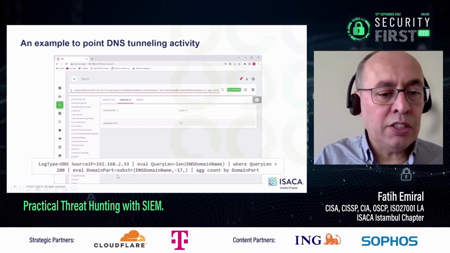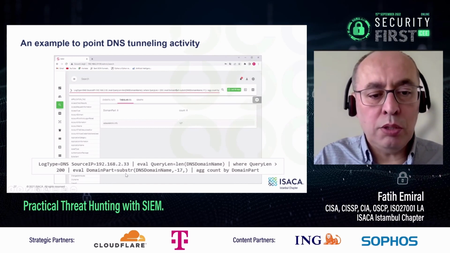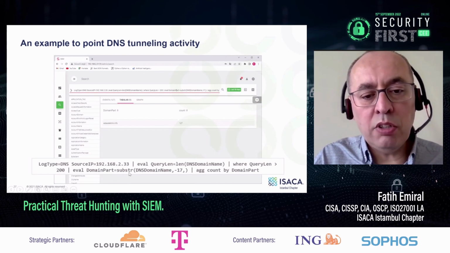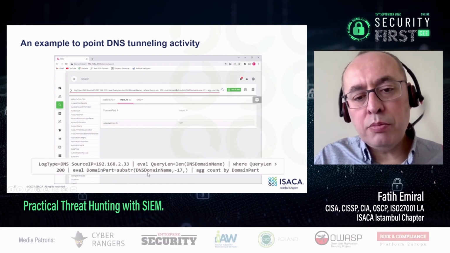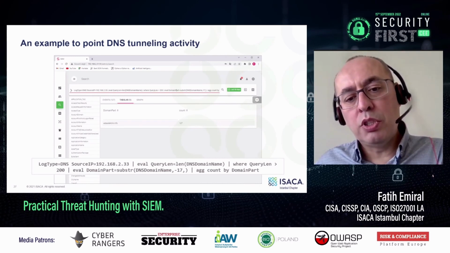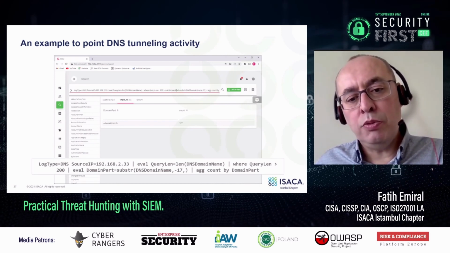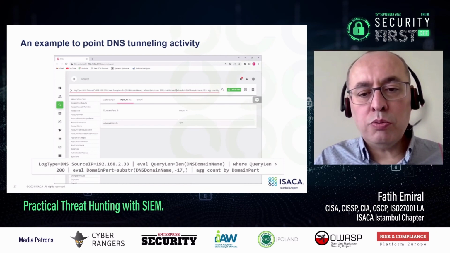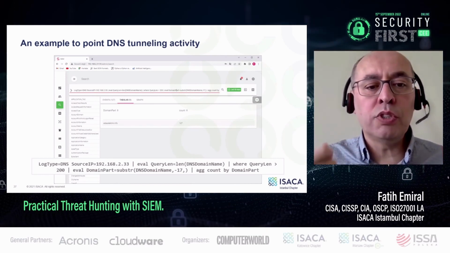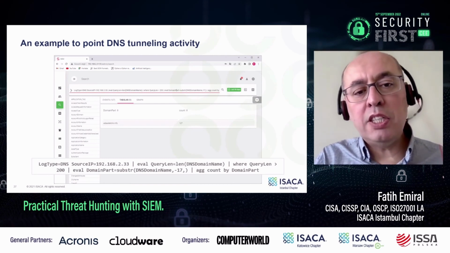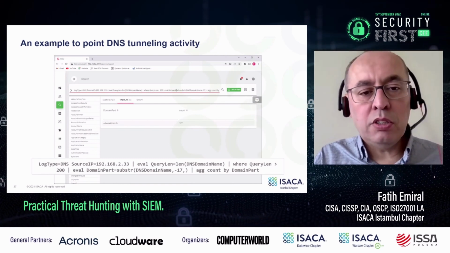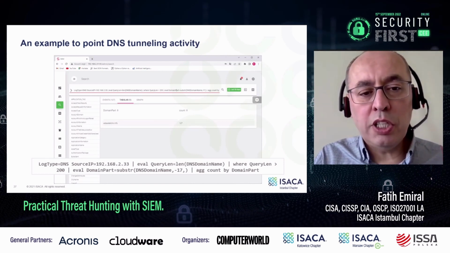I can use another capability of the SIEM tool here, a substring function I can use with eval. Here I'm trying to get the last 17 characters out of the name we queried. By making an aggregation on it, I can see that all of the queries are made for the edaselectric.info base domain, but with all different and interesting host names.